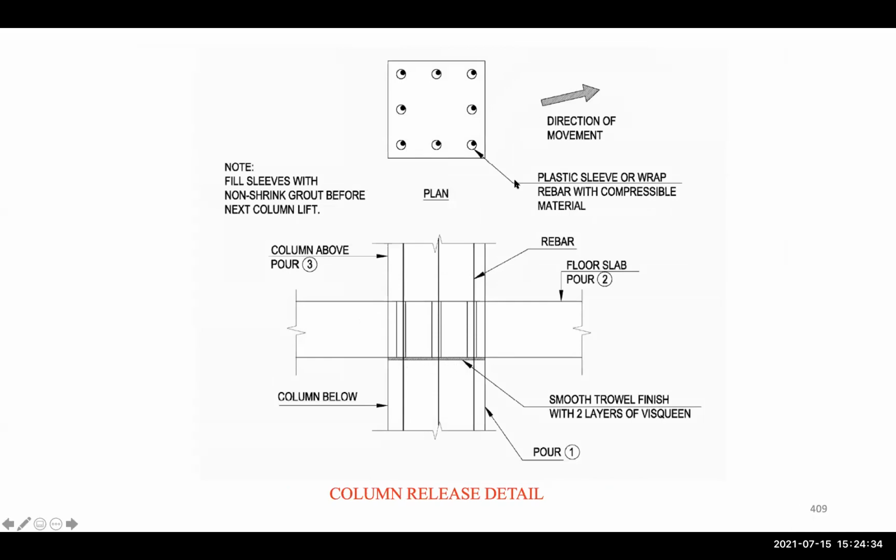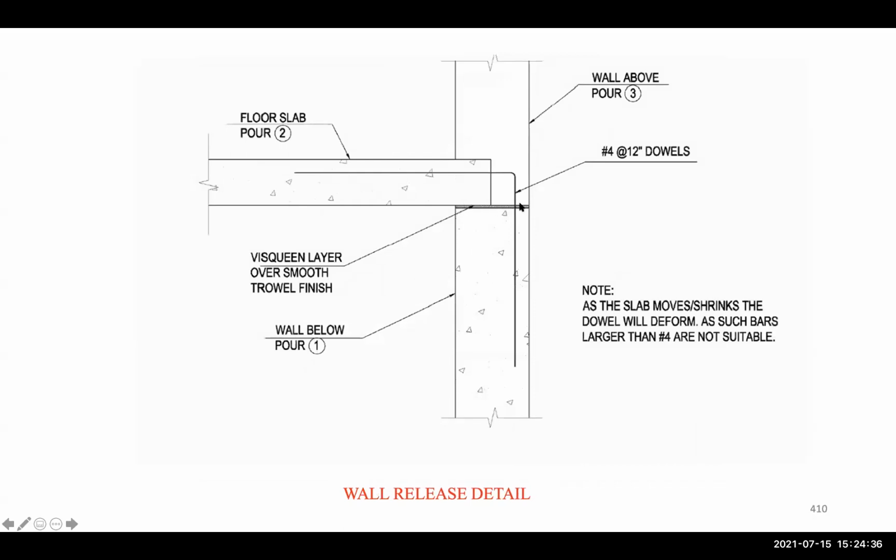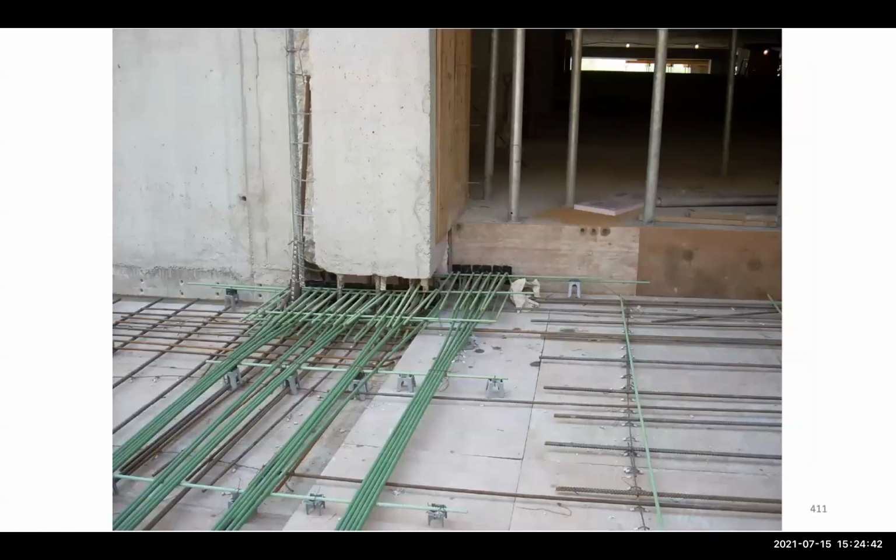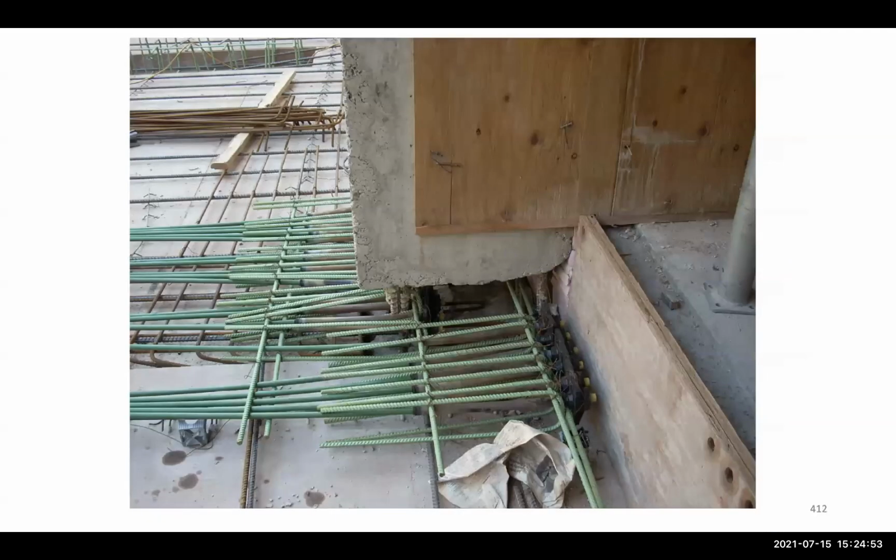And then we have that also here. That's a column release detail. Oh, sorry, wall release detail. These are actual pictures of how we do that in practice. You can see the concrete is not there, so we can provide a column release detail.